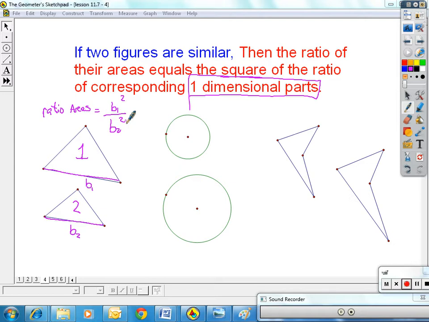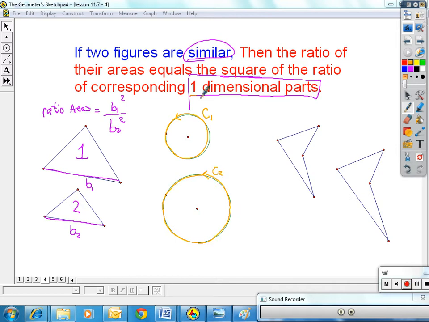Again, I have to have similar shapes. Let's take a look at the second one here. I've got circles. Every circle is similar. Suppose the circumference of this circle we'll call circumference 1, and the circumference of this circle we'll call circumference 2.